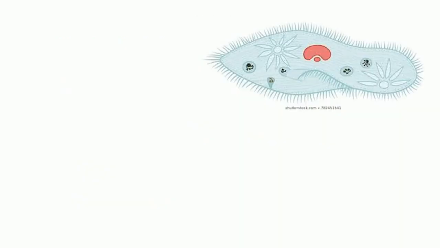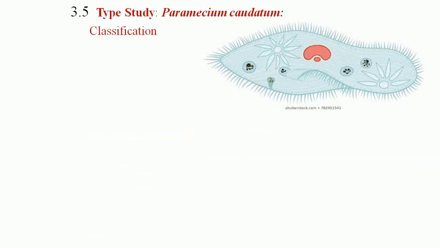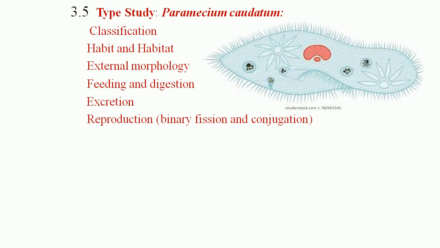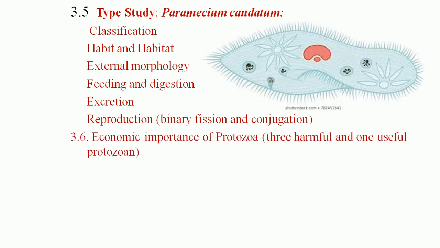Then we also learn about Paramecium: classification, habit, external morphology, feeding and digestion, excretion, reproduction, and economic importance. In it we learn 3 examples of harmful protozoa and 1 example of a useful protozoa.